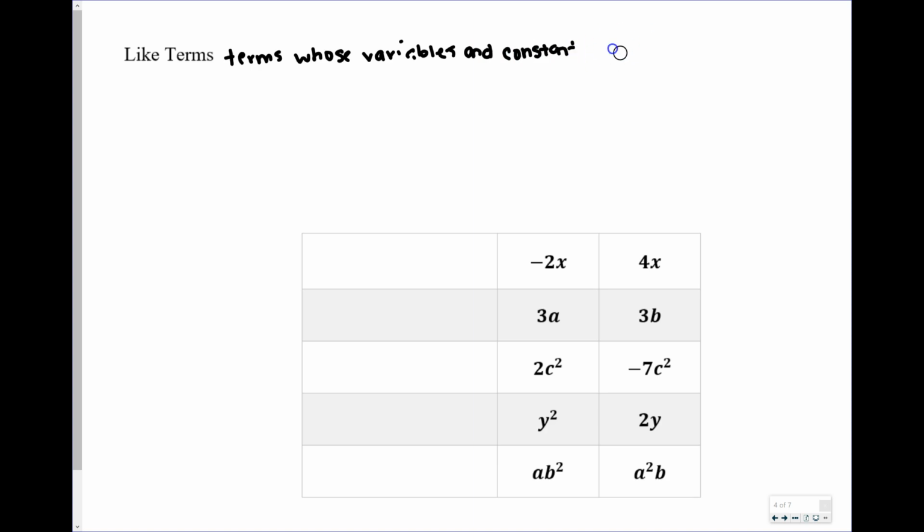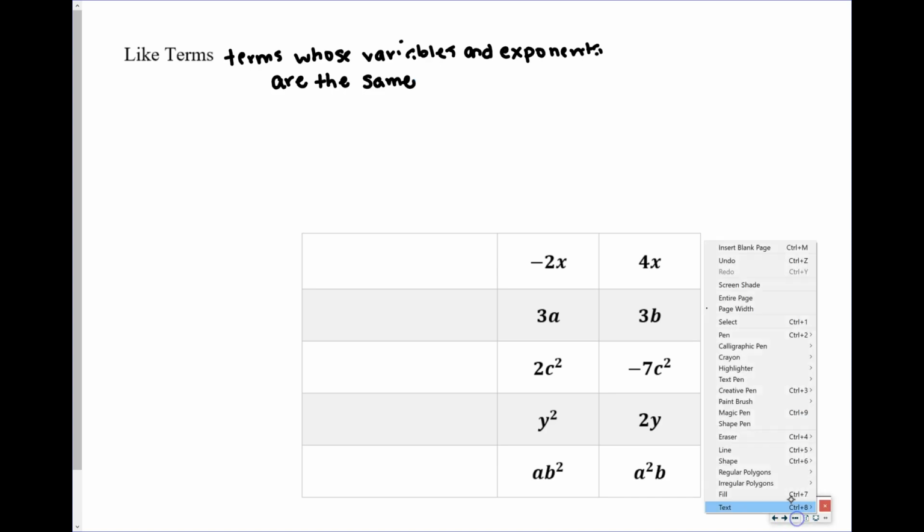Oh, not constants, I'm so sorry guys, whose variables and exponents are the same. So when I look at terms that are alike, I want to look at the variable and I want to look at the exponent. I don't care about the coefficient.